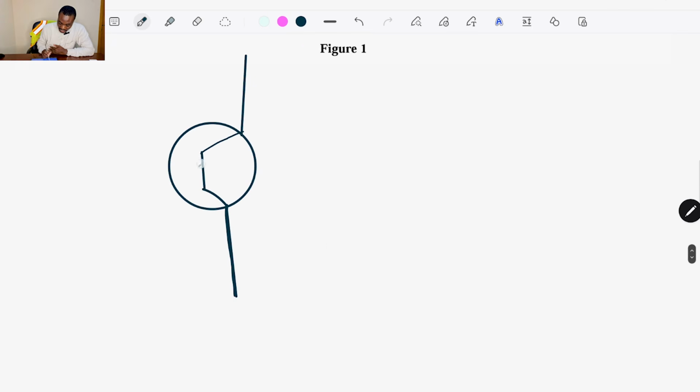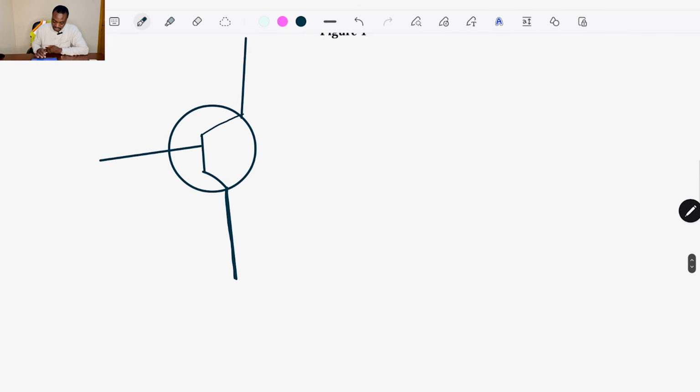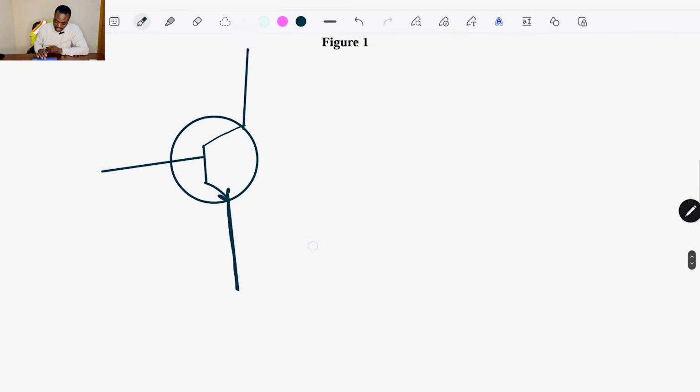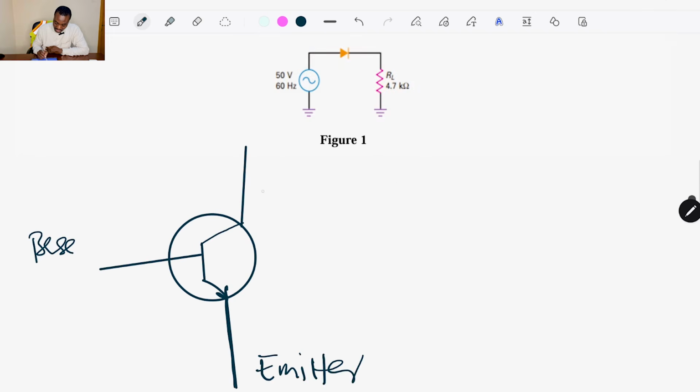Now let's say this is NPN. So let me make the current be going out, NPN. So we have the base here, we have the emitter, then the collector.